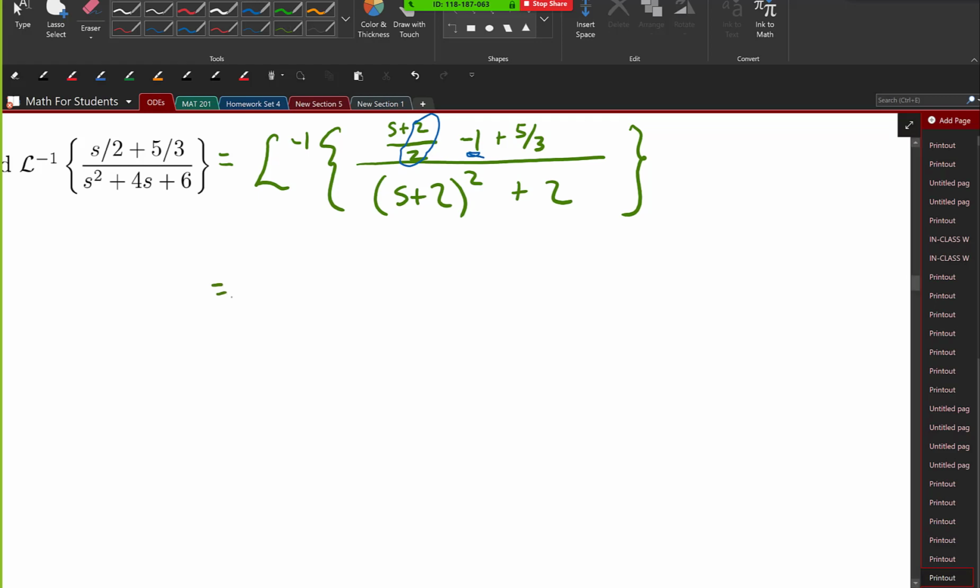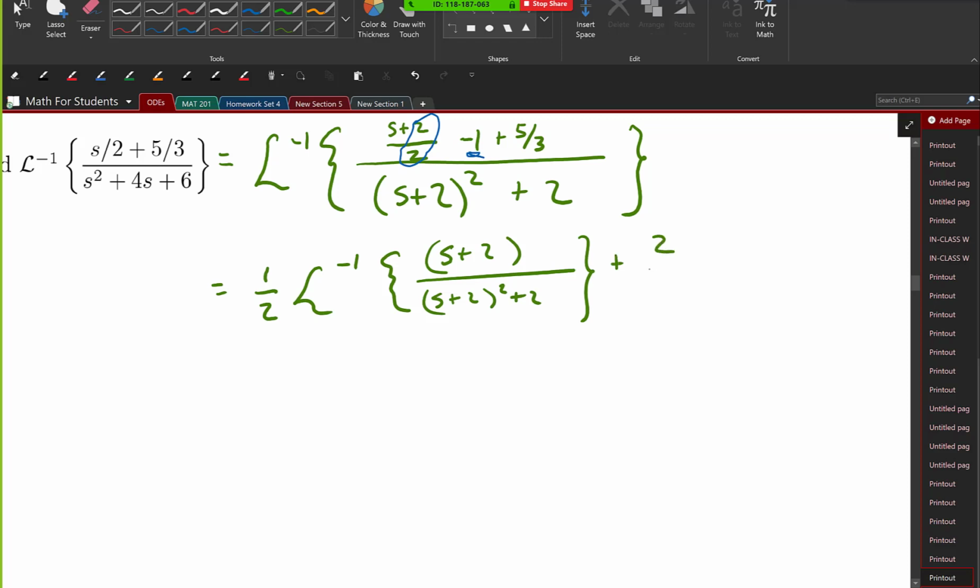And so then what do we have? Breaking this up, factoring out the 1/2, we would have s plus 2 all over s plus 2 quantity squared plus 2. And then the minus 1 and the 5/3 is a 2/3 that I'll go ahead and factor out.